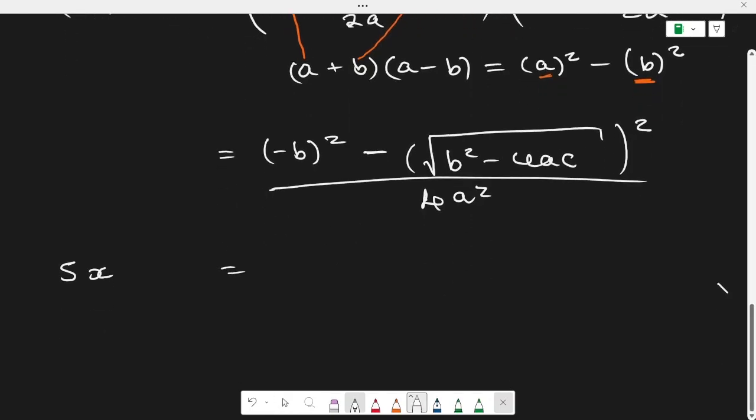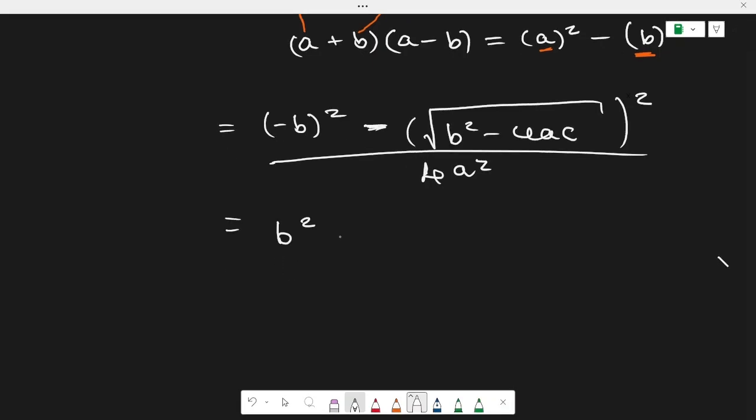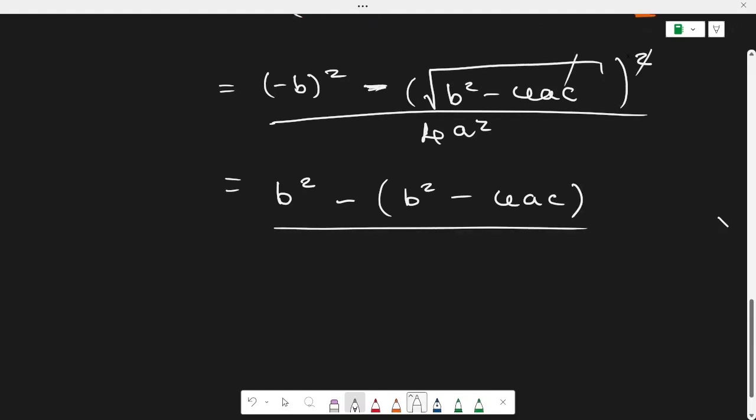Once you resolve this, it's going to give us b squared minus 4ac, because this and this have cancelled, over 4a squared.